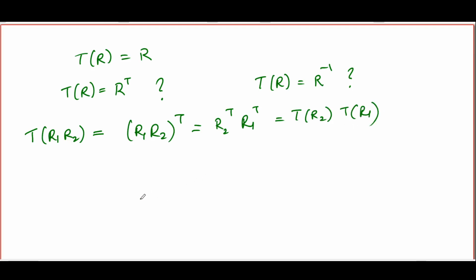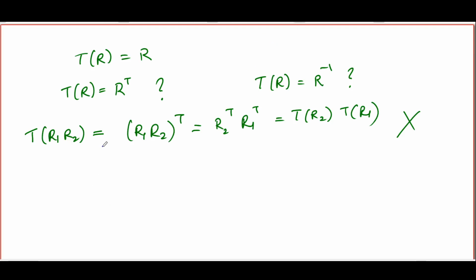Note that we do not have our demand. Our demand was T of R1, R2 is T of R1 times T of R2. What we have here is that these two things have been switched. So this choice doesn't work. You cannot use the transpose of R for the transformation matrix for a three-component object.